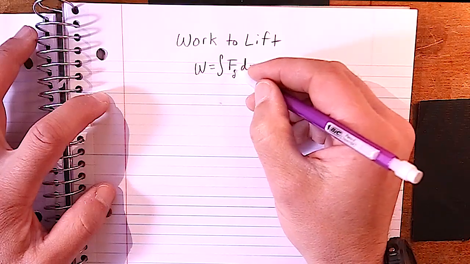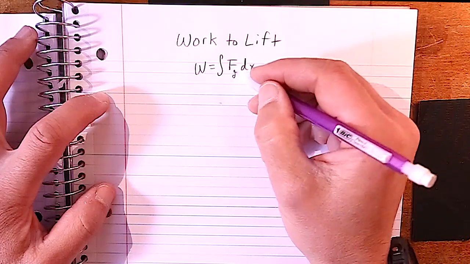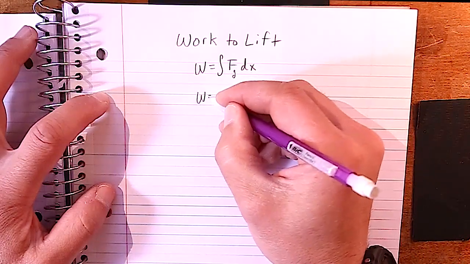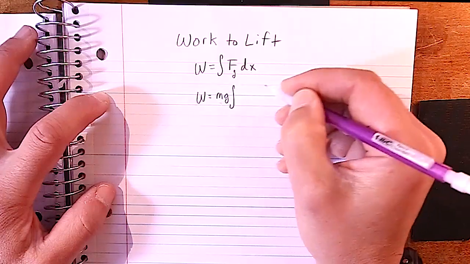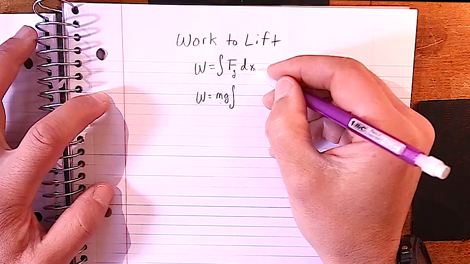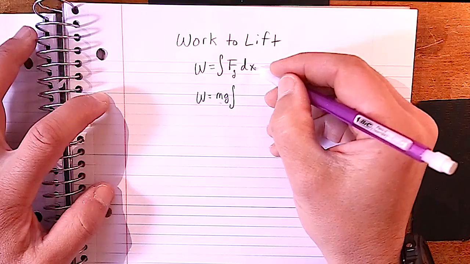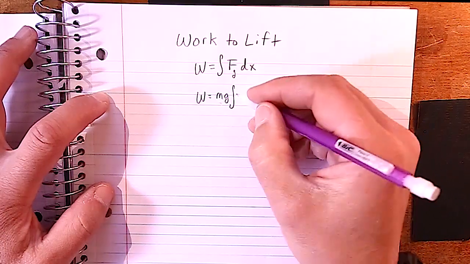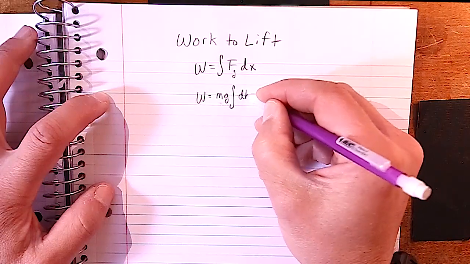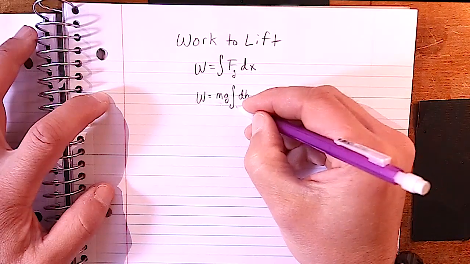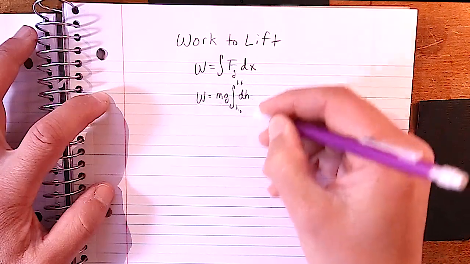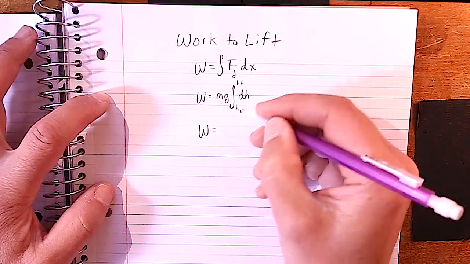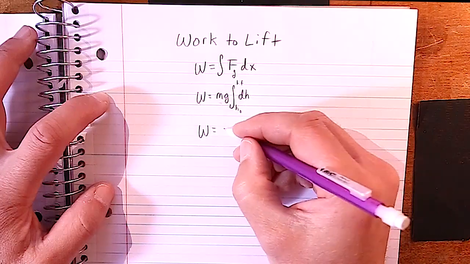Well, we know that's mg, and both m and g are constants, so we can pull that out and say mg, the integral, and what's the x position for lifting something? Well, that would be dh, or the height. And so we can lift it from height initial to height final. And we know that the integral of dh would be h.